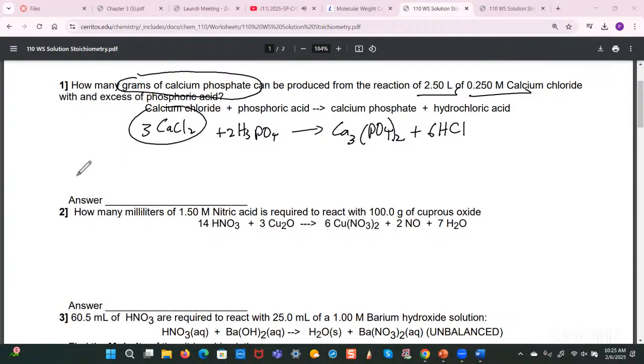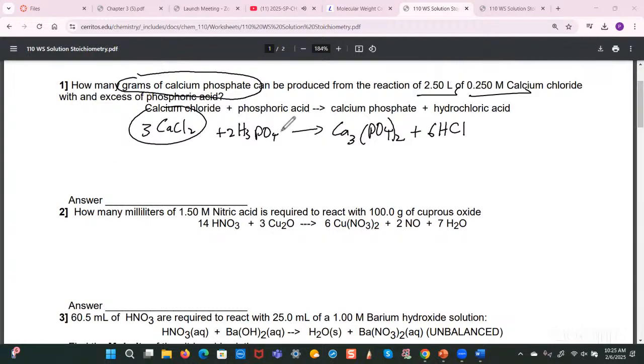What's the first step? Moles of calcium. Okay, that's good, but how will you do that? You're going to find the moles of calcium chloride, right? Well, you have the molarity and you have the volume, right?